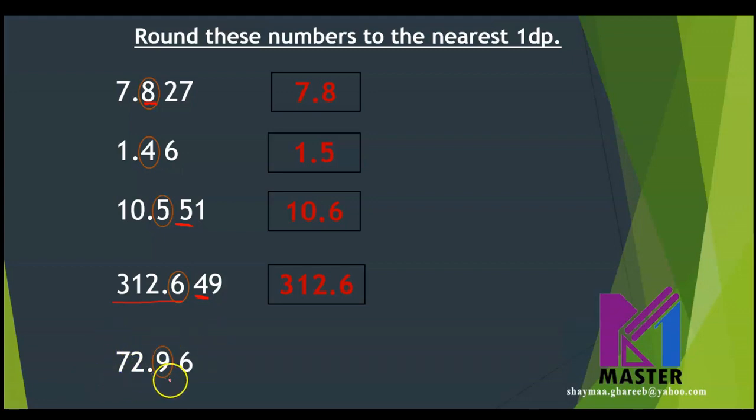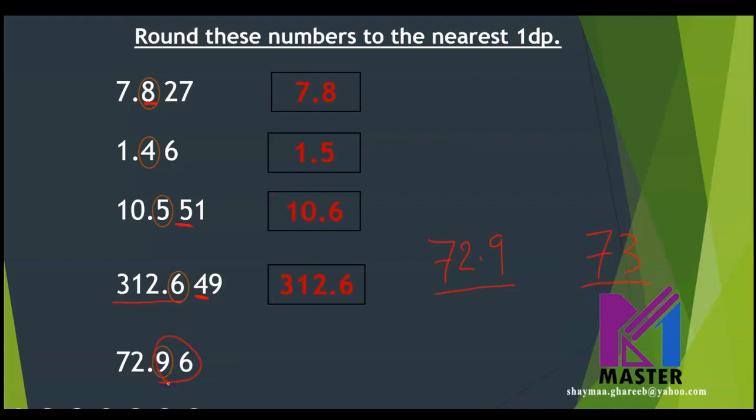Also, we can say that this number lies between which two one decimal place numbers? It lies between 72.9, right? Let's write them here aside. 72.9, and what is the next tenth? It will be 73. So is it closer to the 72.9 or to the 73? It's 96.